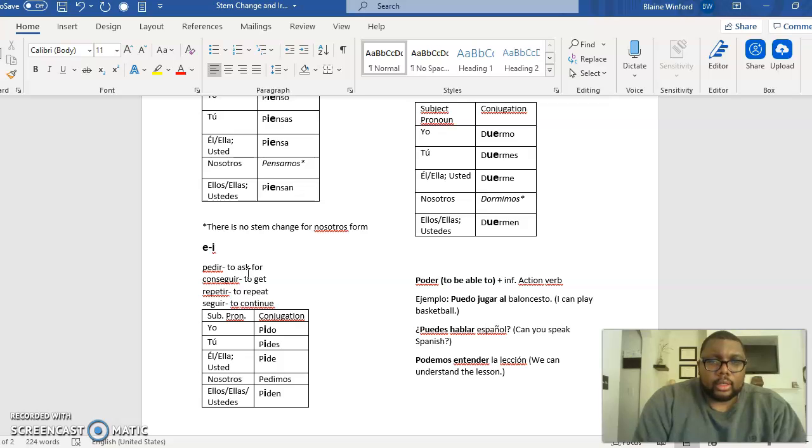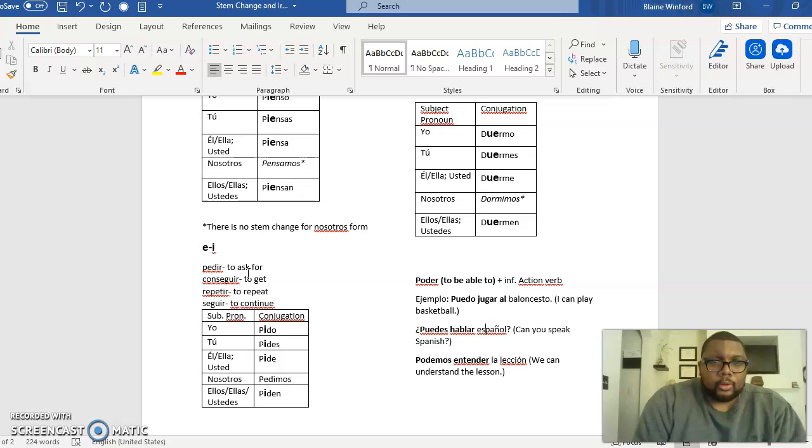So again, there's only going to be a one letter stem change here. So we used pedir for our example in the chart. And the chart is on the bottom left of this page.